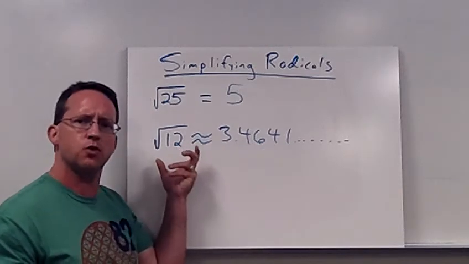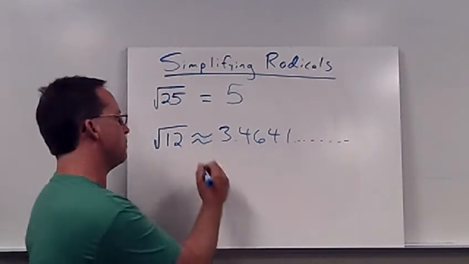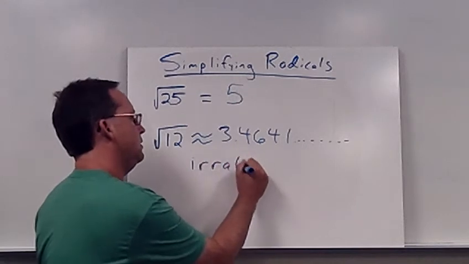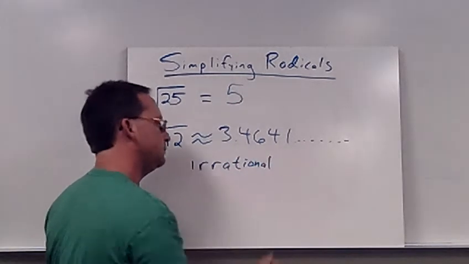That's because the square root of 12 is a type of number that we call irrational.